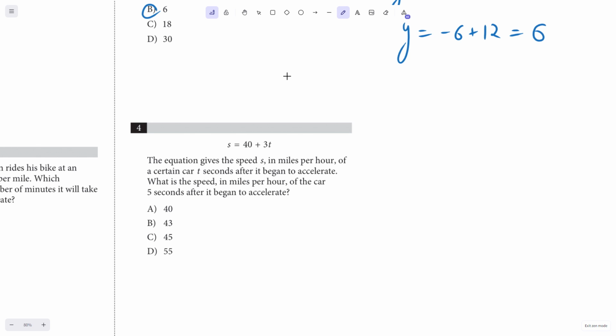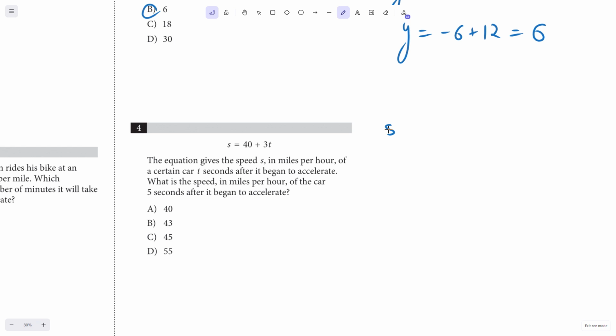Now, problem number 4. The equation gives the speed s in miles per hour of a certain car t seconds after it began to accelerate. What is the speed in miles per hour of the car 5 seconds after it began to accelerate? So we have an equality and we can think about it as a function because when we plug in a certain value of t, we get a certain value for s.